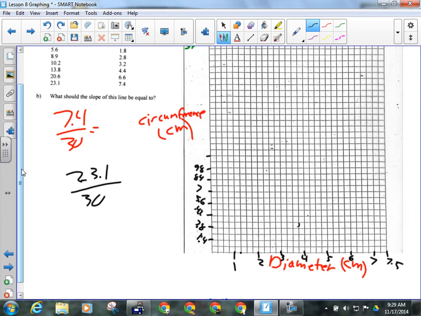I'm not even to 1 yet. Okay, 7.0, 8.4, 9.8. That's much better. Okay, and then 14 more.